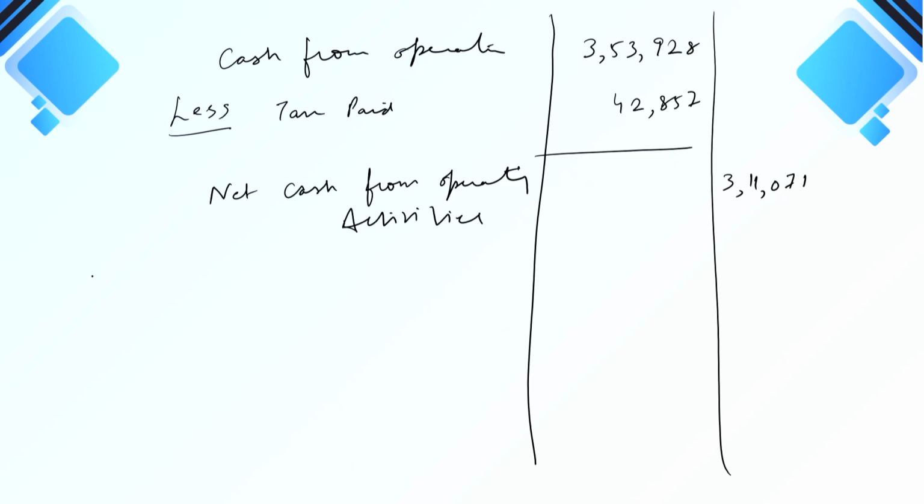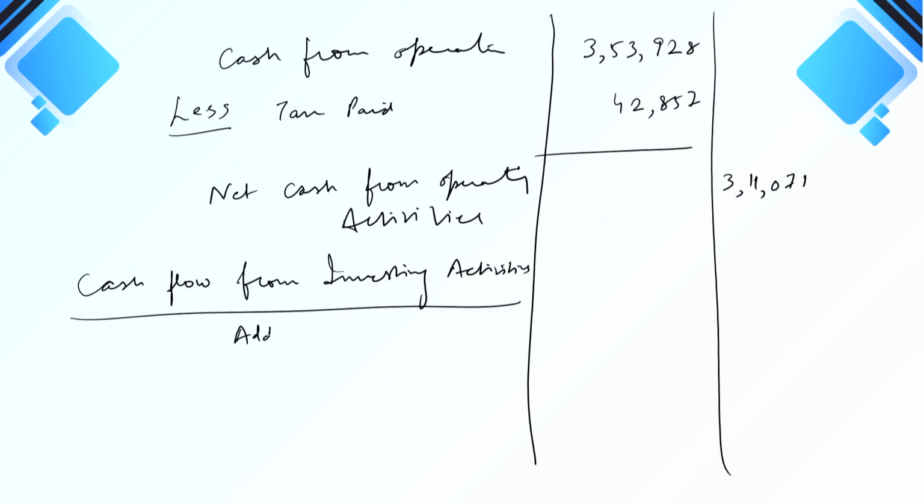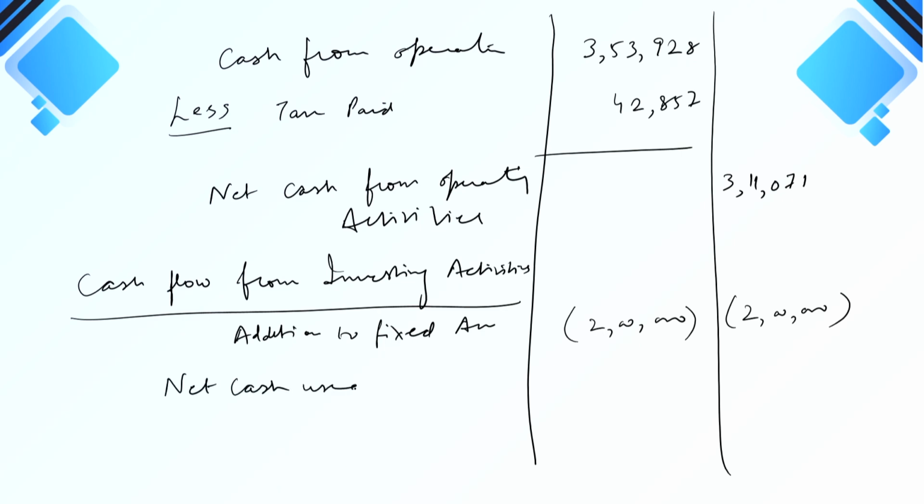Now moving to the next step, that is cash flow from investing activities, and we can see that there is an addition in the fixed assets by rupees 2 lakhs. This 2 lakh will be our balancing figure, which we show as a net cash used in investing activities.